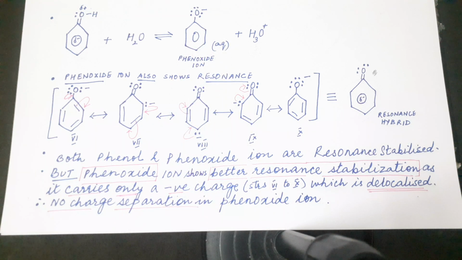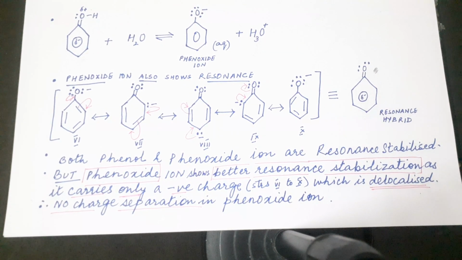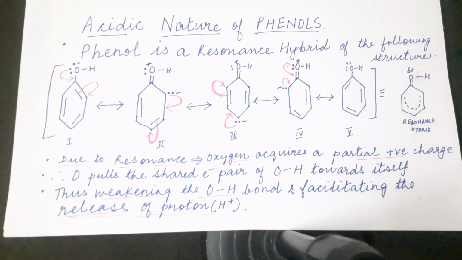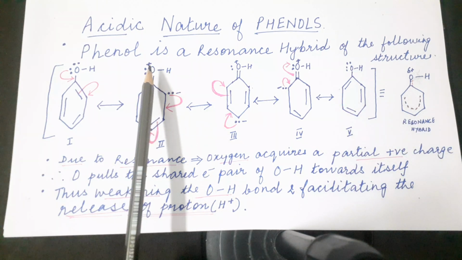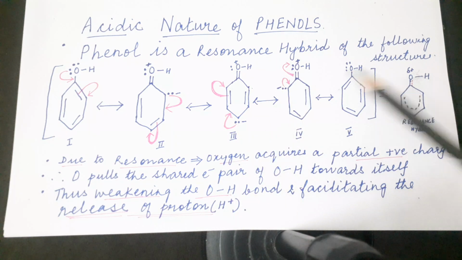Another reason for better stabilization of the phenoxide ion is the absence of charge separation. Now, what does that mean? That means in the structures of phenol, you saw that there were two different charges, plus, minus, plus, minus, plus, minus, plus, minus. This is known as charge separation, that is, presence of two different charges on the same molecule.